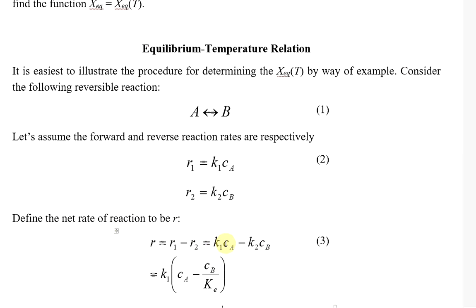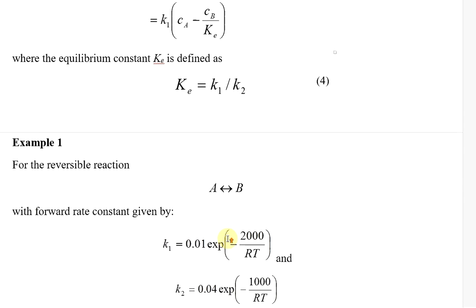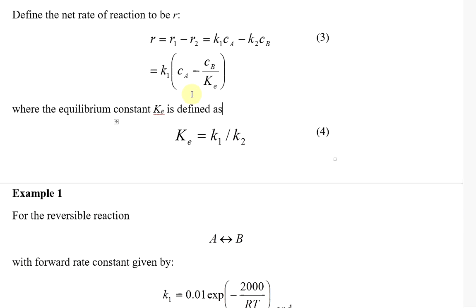And then if we group out a K1, we can write this as Ca minus Cb. And then we will define Ke to be K1 over K2. So if we group out K1, this is K2 over K1, so that's Cb over Ke over there.